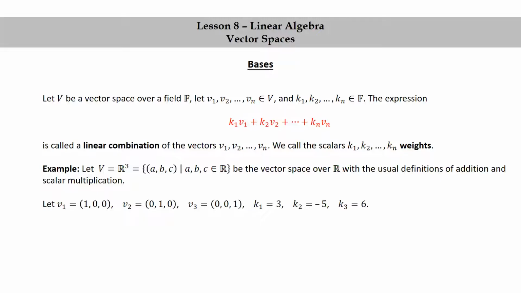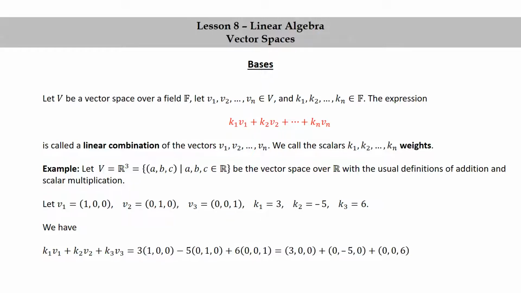Let k1 equal 3, k2 equal -5, and k3 equal 6. We have k1 v1 plus k2 v2 plus k3 v3 equal to 3 times 1, 0, 0 minus 5 times 0, 1, 0 plus 6 times 0, 0, 1, which is 3, 0, 0 plus 0, -5, 0 plus 0, 0, 6, which is equal to 3, -5, 6.